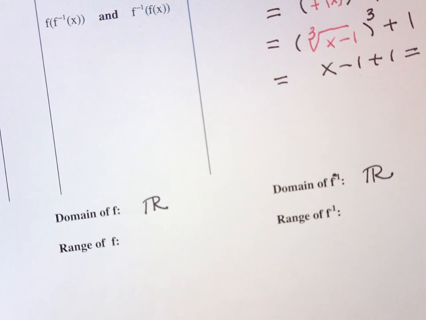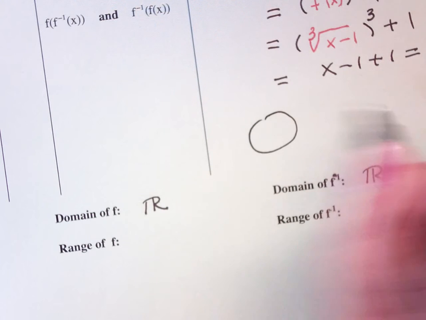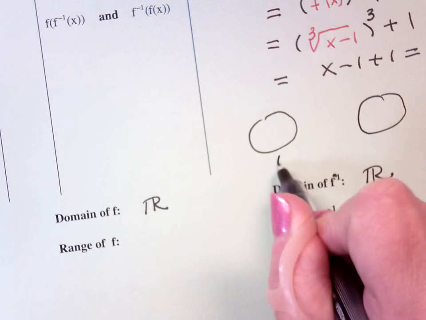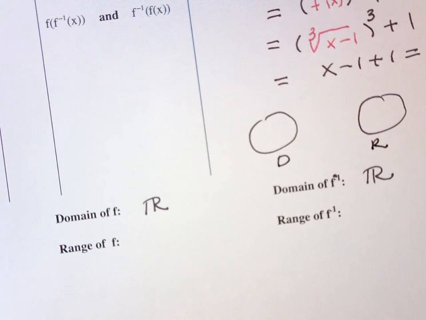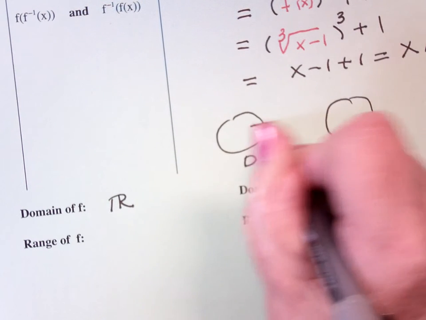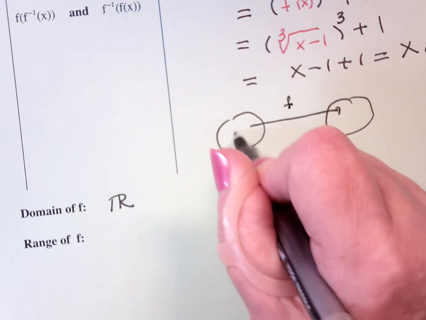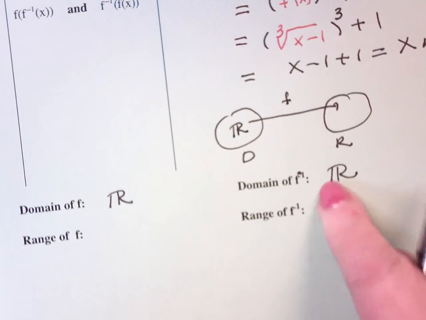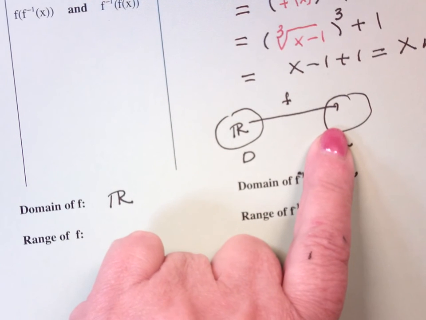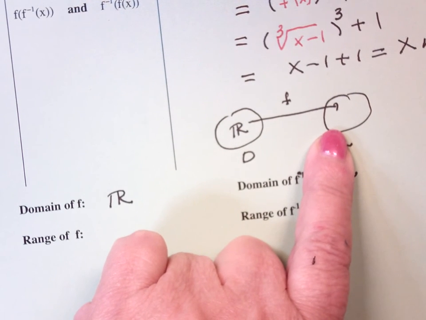Now here's the thing. What do I know? I'm going to draw 2 pictures, and sometimes this is really helpful. This thing goes from the domain to the range. So this takes all real numbers to whatever is there. And at the moment, I don't know what's there.